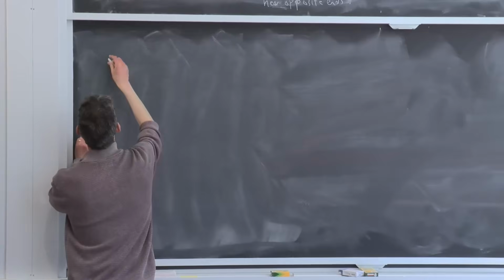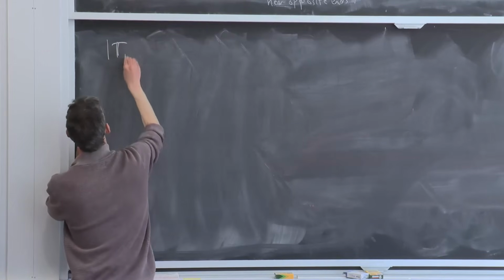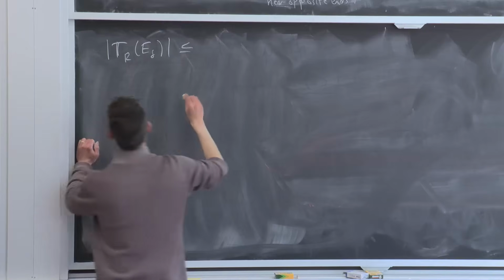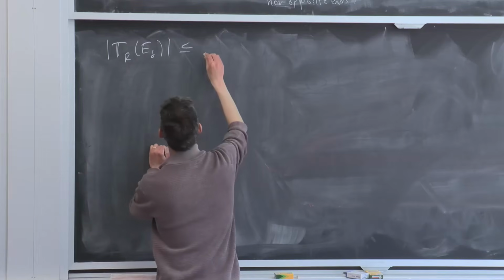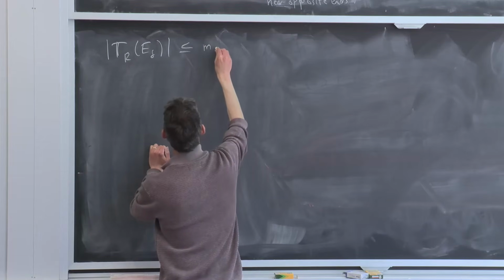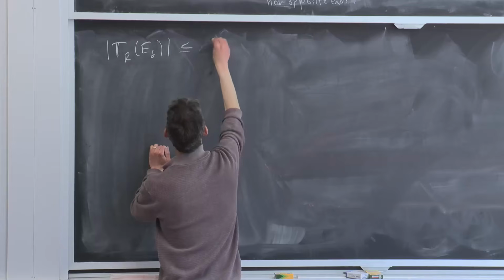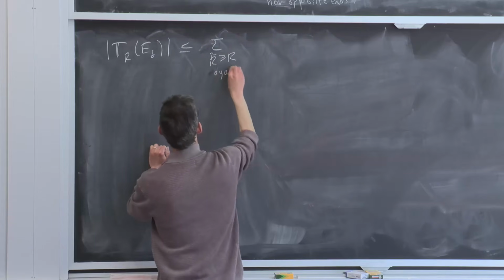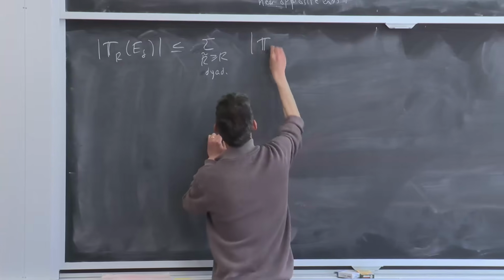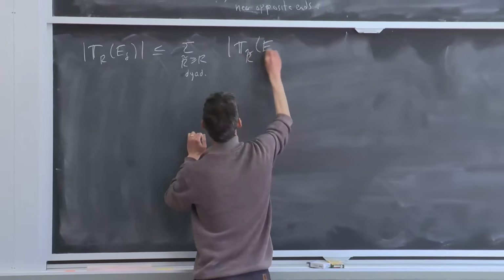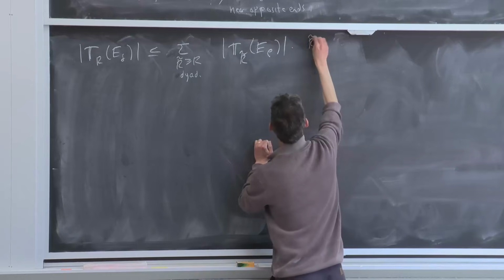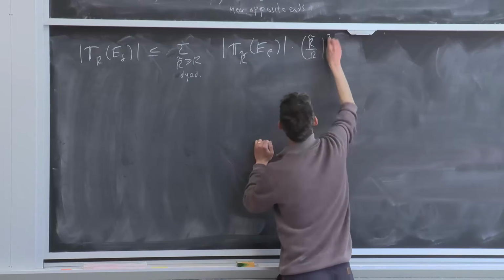All right, so now T_R of E delta is bounded by the sum over R tilde bigger than R, dyadic, of T_R tilde of E rho, but then we'll multiply by R tilde squared over R squared.